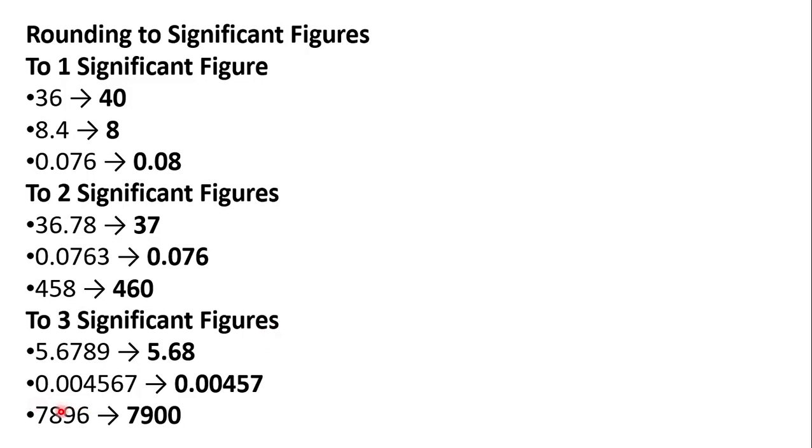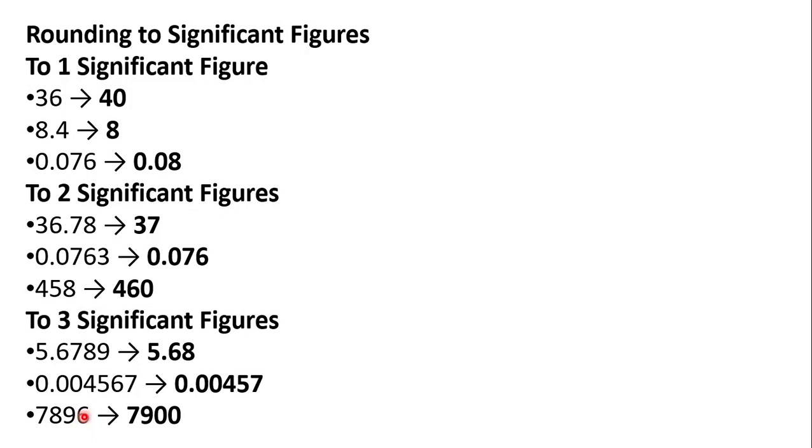Lastly, numbers such as 7,896 can be written to three significant figures. Unfortunately, here we need to be careful. 789, the number that comes at the end is a 6.